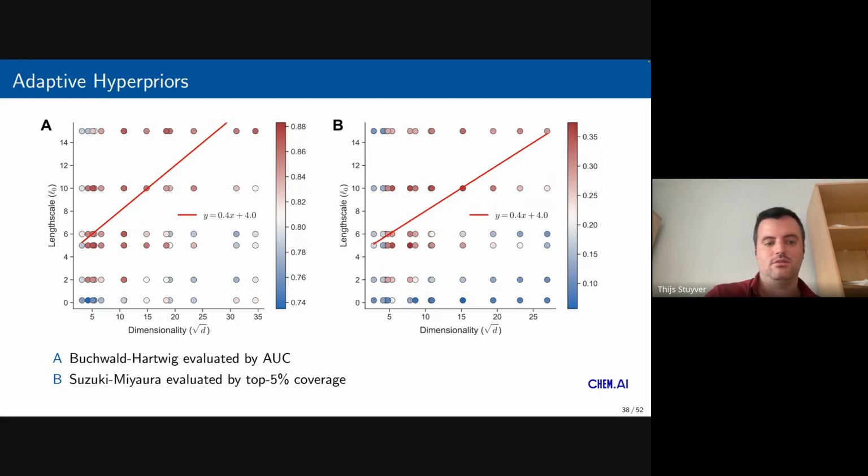And with the color, we indicate the performance that is obtained by these individual combinations of length scales and dimensionality.